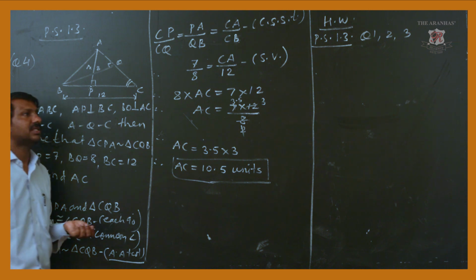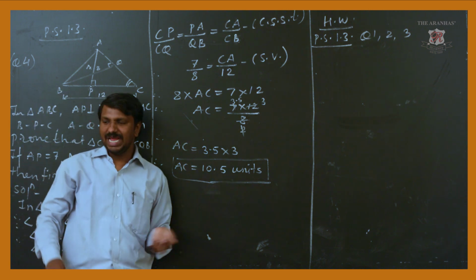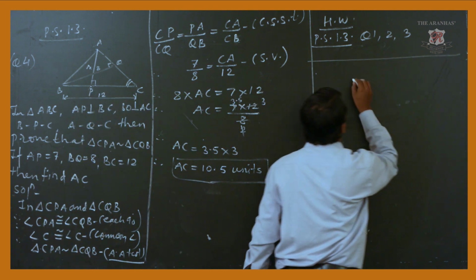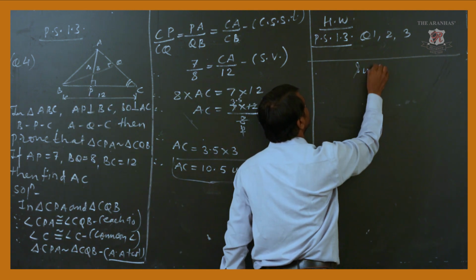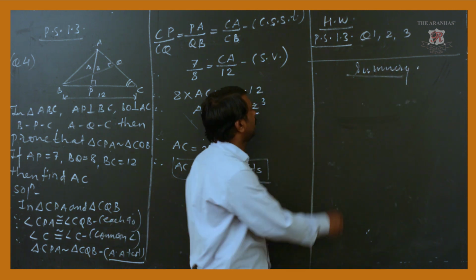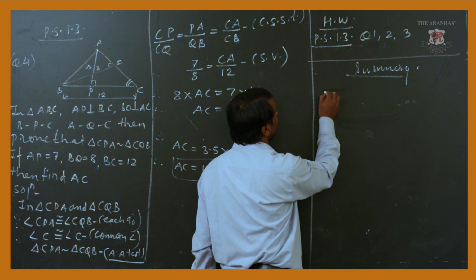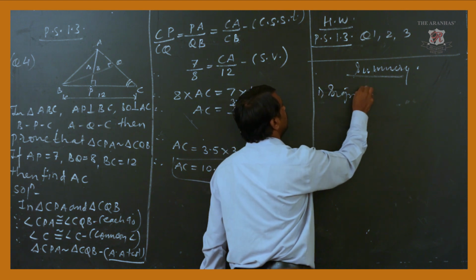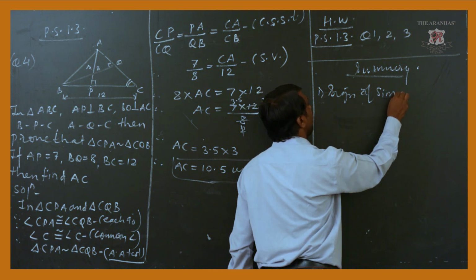Now after this, there is very little time left, so that's why I will give a little bit of summary of what I discussed. The first is the sign of similarity.